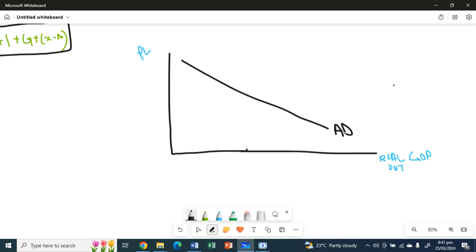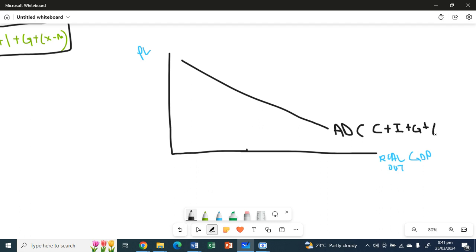And the shifters of our aggregate demand curve: consumer expenditure by us, the citizens; investment expenditure by the businesses; government expenditure, such as building new infrastructure, roads, hiring new teachers, and the like.